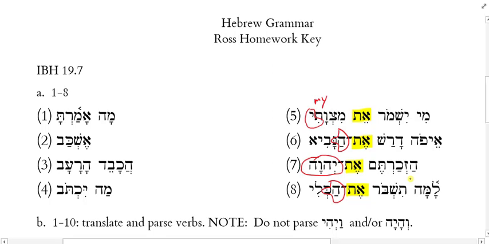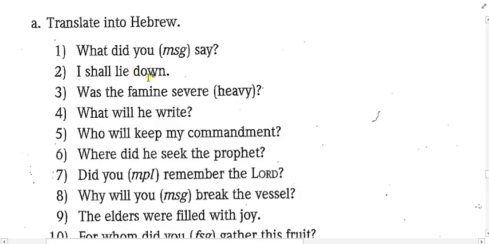Okay, so let's go over number 2. Someone wanted number 2 here. The question asked was to translate into Hebrew this English sentence: I shall lie down. So here what we have to do is find out what verb means lie down, which is what? What are the root letters? Shin, Kaf, and Bet.